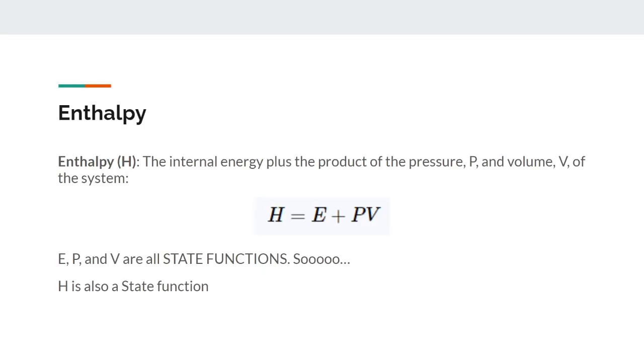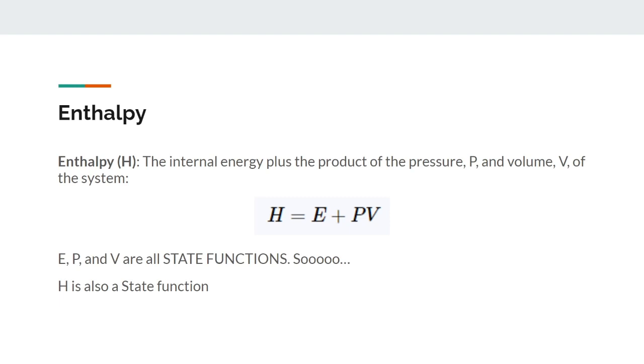So what is enthalpy? Chemical and physical changes that occur around us every day, such as photosynthesis, or evaporation of water, or even our lab experiments, occur under the essentially constant pressure of Earth's atmosphere.